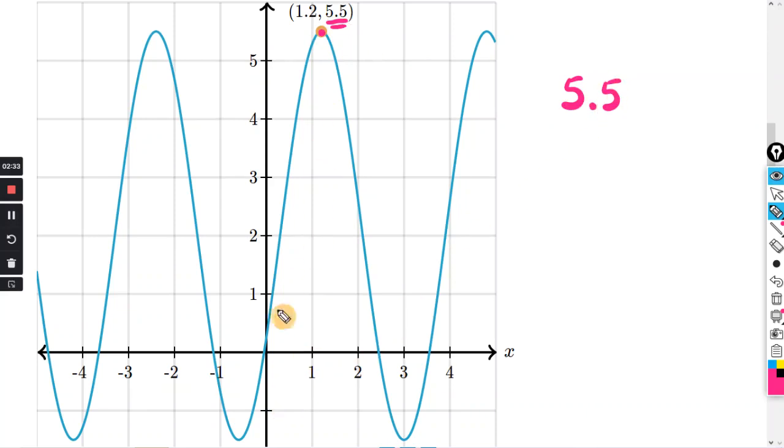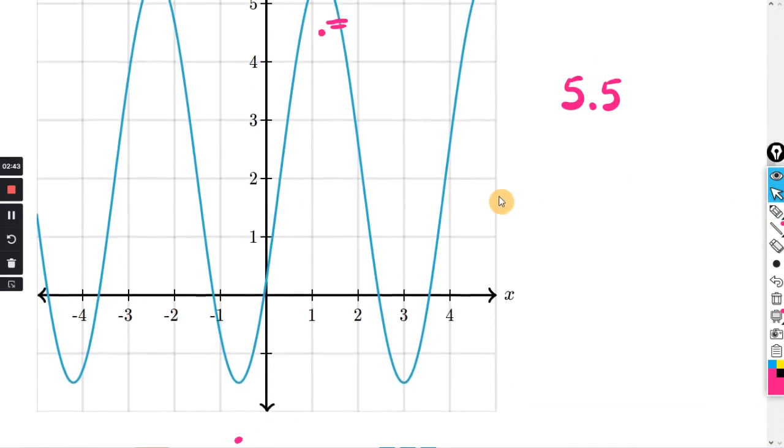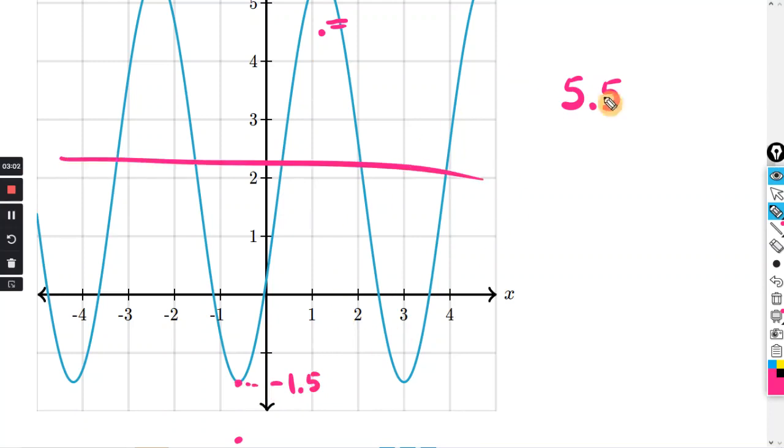And we can see the lowest point, the minimum, right here. This is 1, 0, negative 1, and if you go down a little further, we can see this point is between negative 1 and negative 2. So the minimum is actually at negative 1.5. We want to find a line that's in between 5.5 and negative 1.5, so all we have to do is find the average.